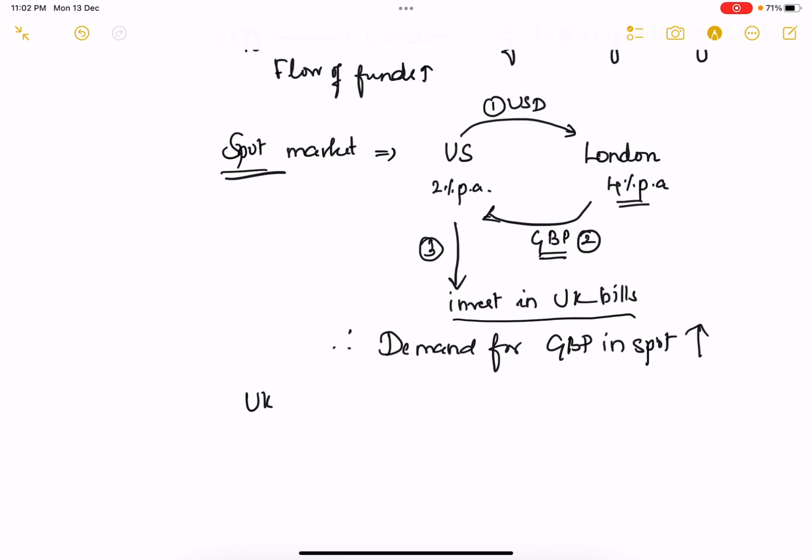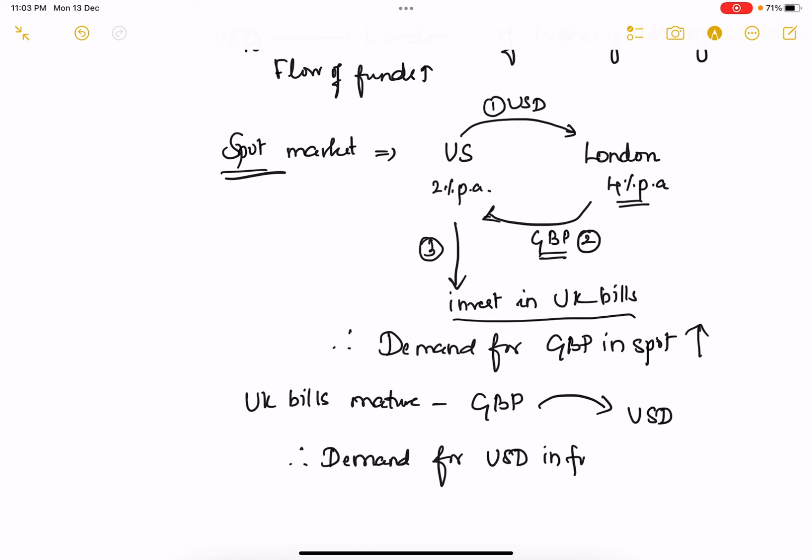Once the UK bills mature, then GBP will be reconverted to USD. So therefore, demand for USD in the forward market will be higher. So hope you're getting it. The US is giving its USD to London in order to get GBP so that they can invest in UK bills. So therefore, the demand for GBP in spot is higher.